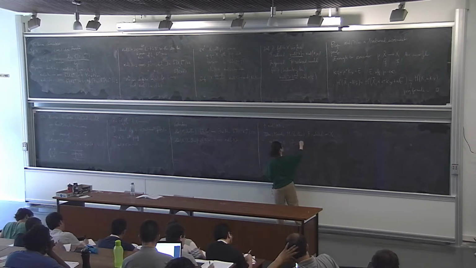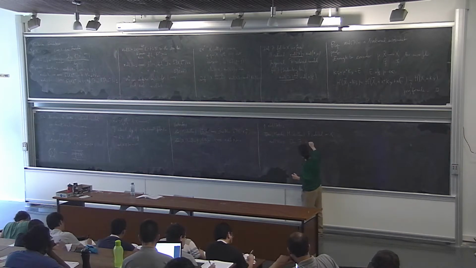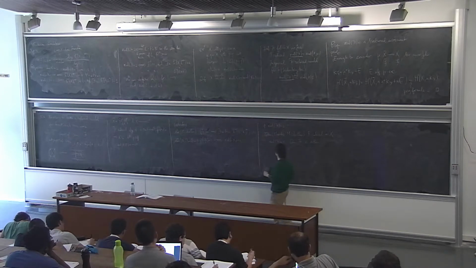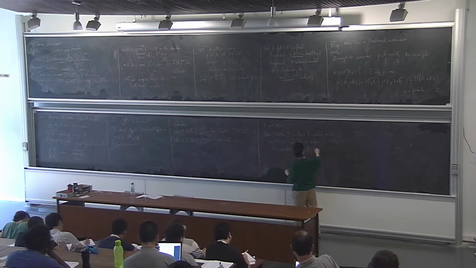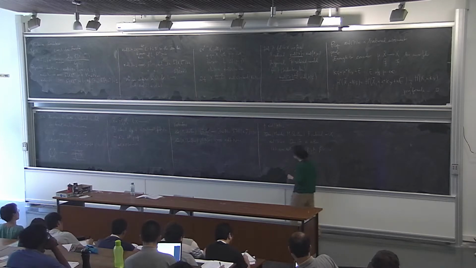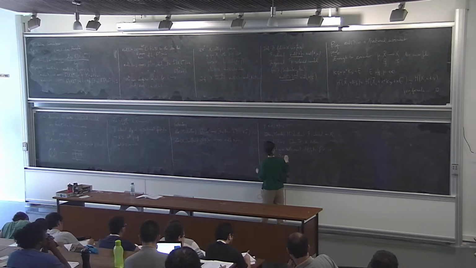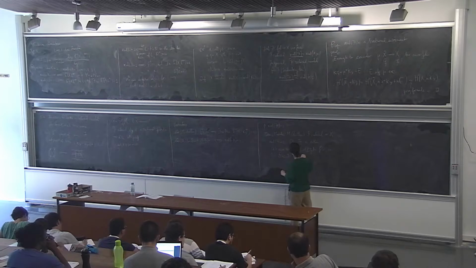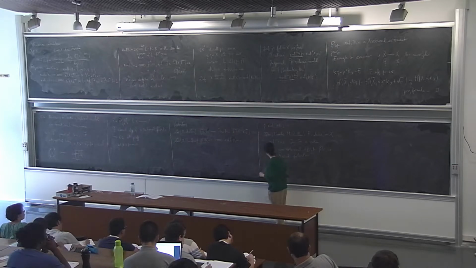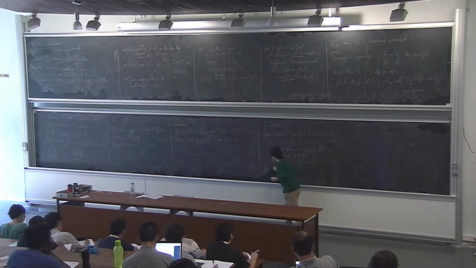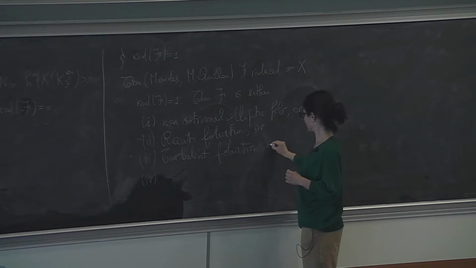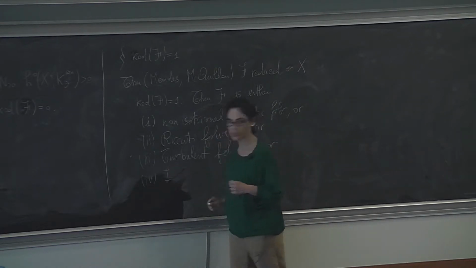Then we have a complete classification for F. F can be a non-isotrivial elliptic fibration, or it can be a Riccati foliation, or a turbulent foliation, or an isotrivial fibration into curves of genus at least 2.